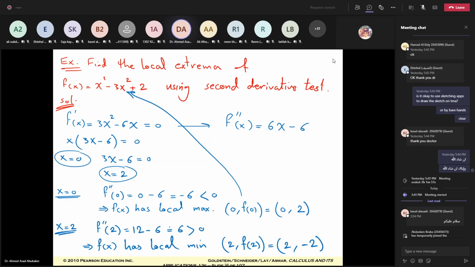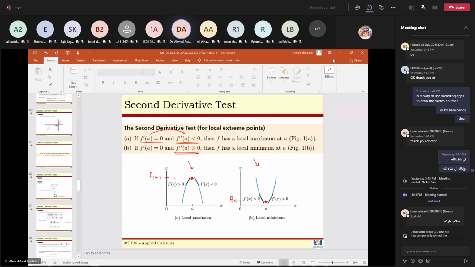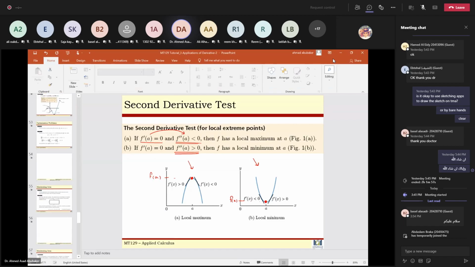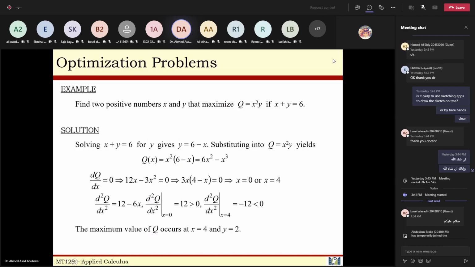Now we must go to the optimization problem. We have 4 examples. Look at the first one. In the optimization problem, in general, we have a function or relation.